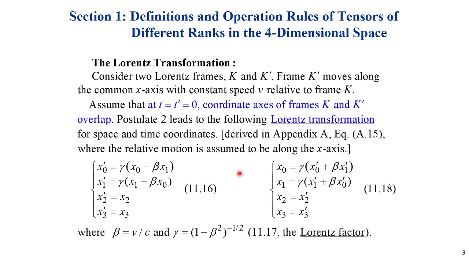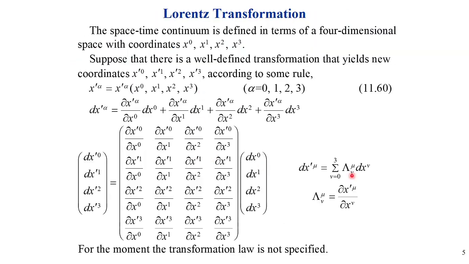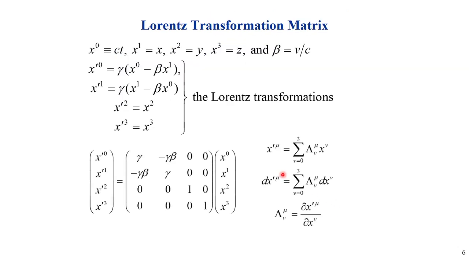And what is the Lorentz transformation? It's denoted as this symbol. We have a relation between gamma and minus gamma beta, minus gamma beta, gamma. Because we have four coordinates, x0, x1, x2, x3, and beta is the relative motion, v over c.